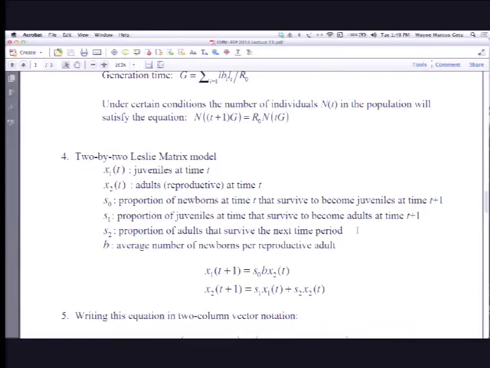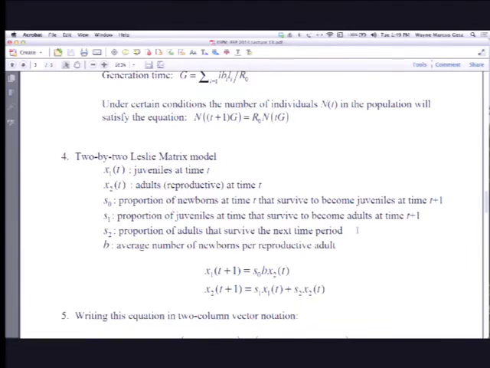Then how do we get new young? The mature individuals each produce a certain number of young, which we'll call B. But of those young that they produce, a certain proportion of them die before they become juveniles. And then the juveniles become adults. If you're already an adult, you stay an adult. So S2 represents the proportion of individuals who are adults that survive to remain adults.